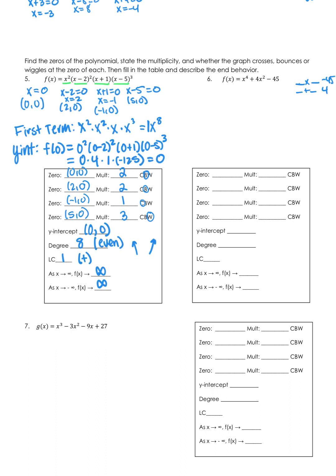So do that part on your own. 2 numbers that multiply together to get negative 45, add together to get 4, and then go ahead and do your factoring.